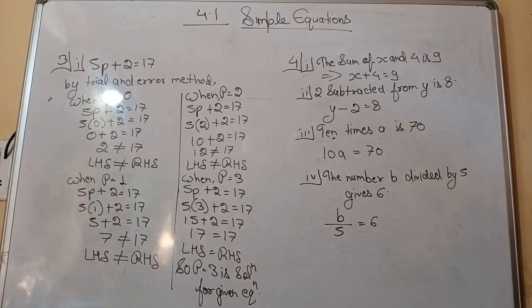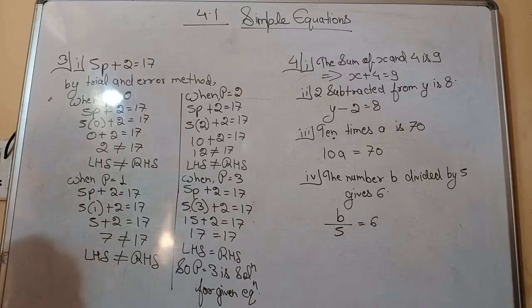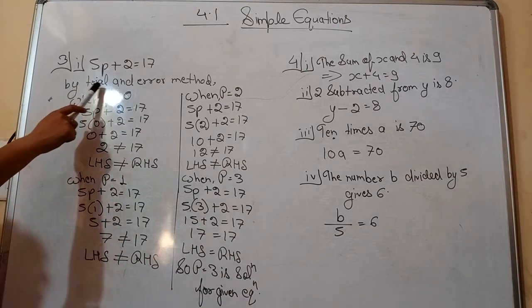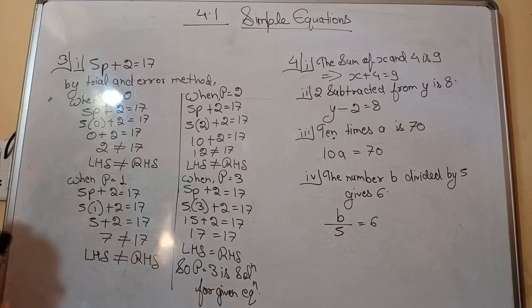Now let us move towards question number 3 of exercise 4.1. In this question we have to find the solution of the given equation by the trial and error method. So what do we understand by trial and error method? Trial means first we have to put some value inside the equation, and if the value is correct, it means our trial is correct.